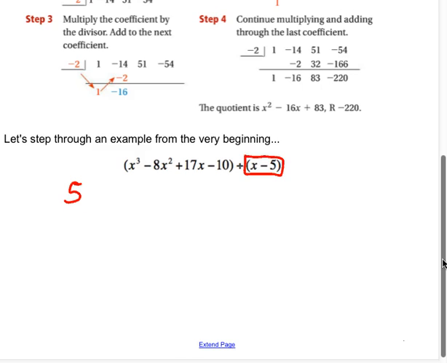Okay? And I'm going to offset that value. Then the rest of the numbers I'm going to put are all of the coefficients that I see. So I put 1, -8, 17, and -10 to represent every term of the polynomial that I'm looking at.